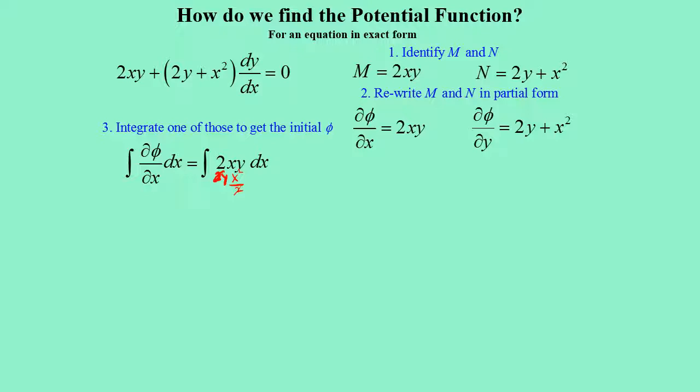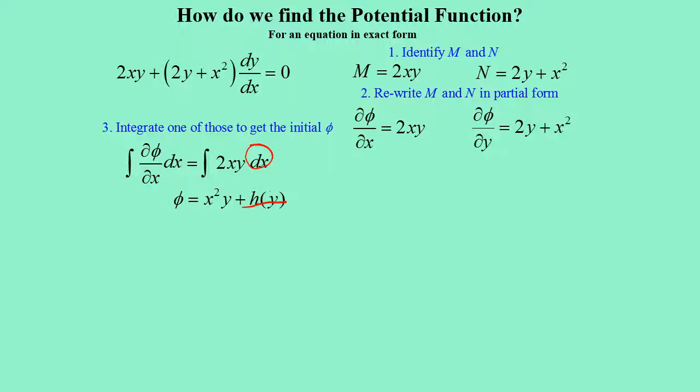On the left, when we integrate the derivative of phi with respect to x, we get just the phi. Now remember from Calculus 3 that when you integrate with multiple variables, if we're integrating with respect to x, then our constant of integration is going to be some function of y.